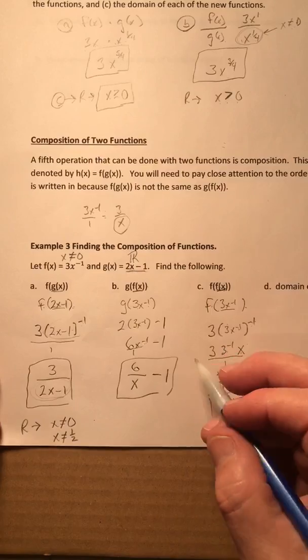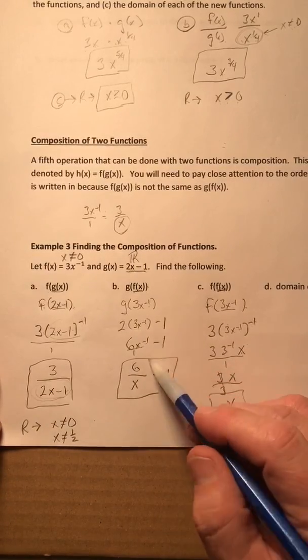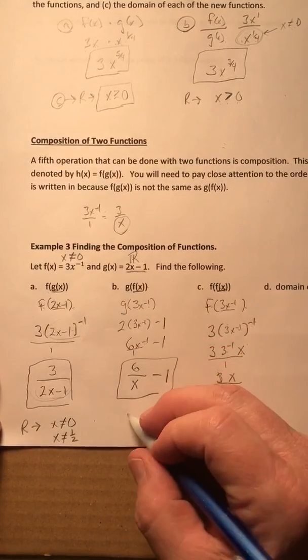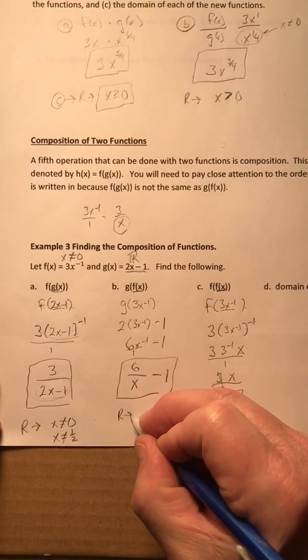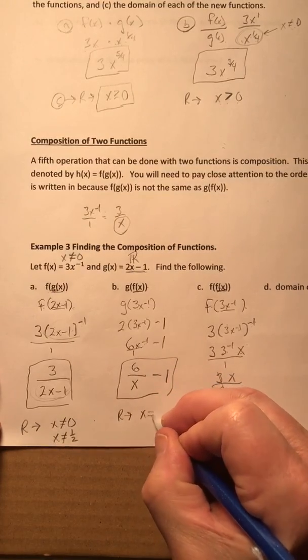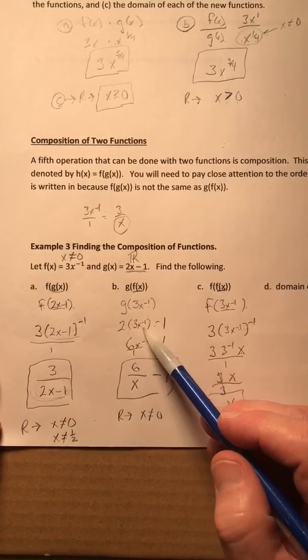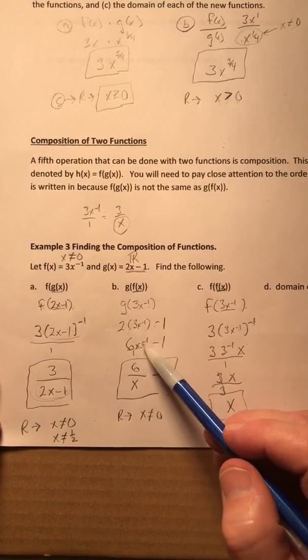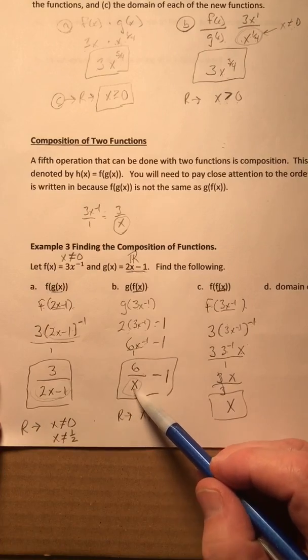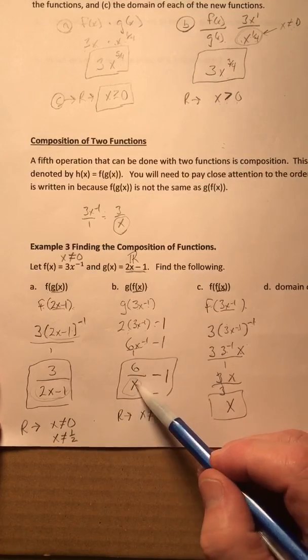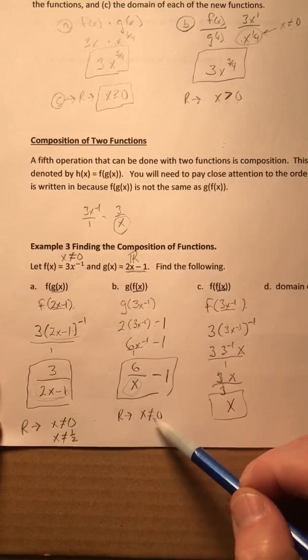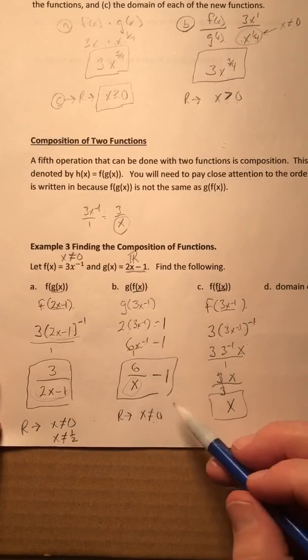Okay? All right. B, the restrictions here. Again, we're using both functions, so we got to start off with our x does not equal 0. This doesn't cause us multiplication, doesn't cause further restrictions. And then our answer, we have an x in the denominator, and we already said that x can't be 0, so that's not a further restriction, that's just the original restriction.